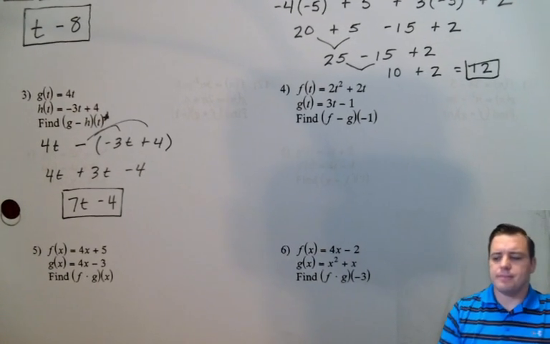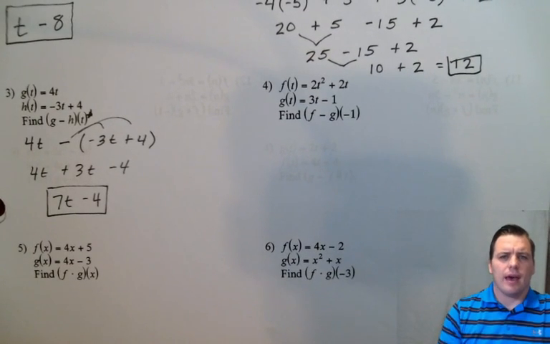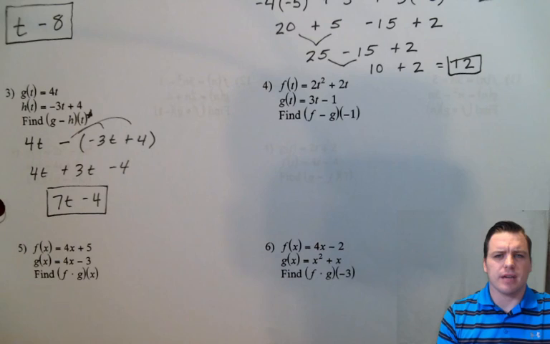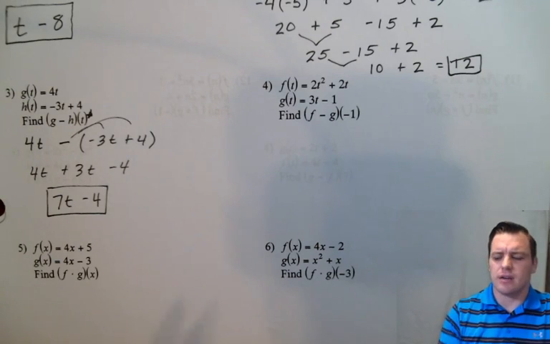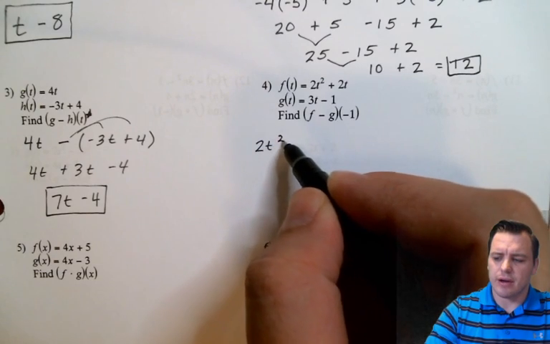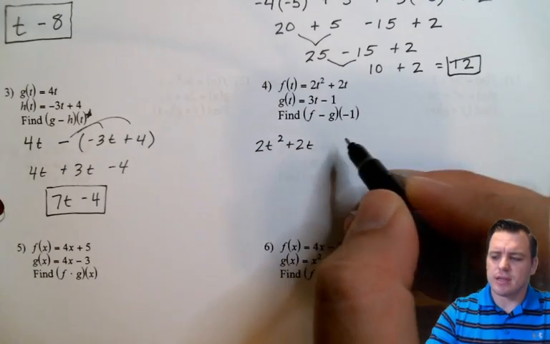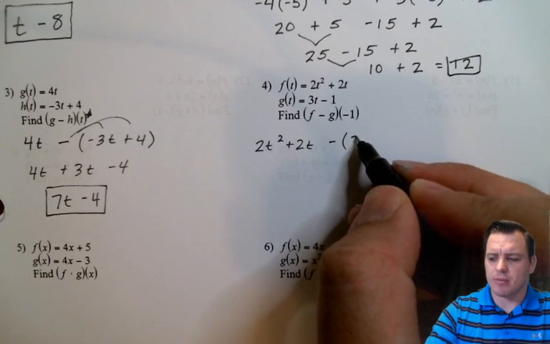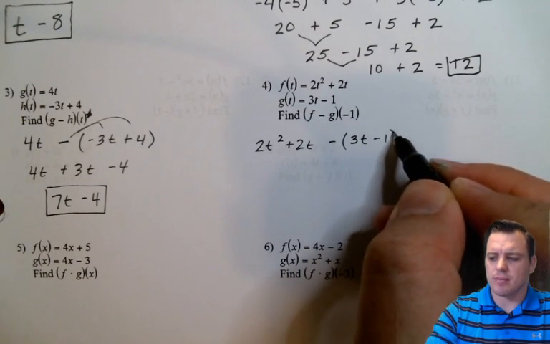All right, number 4. F of t equals 2t squared plus 2t. G of t is 3t minus 1, and it says find f minus g of -1. Okay, so here we go. We got 2t squared plus 2t minus, and since that's a binomial, two terms, we're going to have to put in parentheses, 3t minus 1.